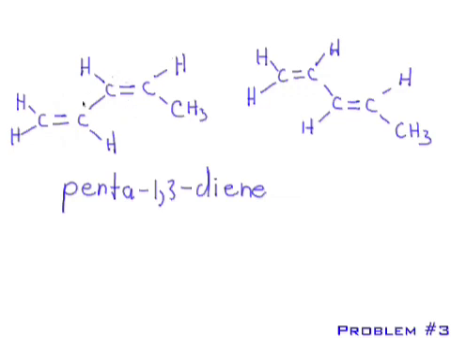Now we can quickly see that the H is cis. I can prioritize. Carbon is higher atomic number than H, so it's high priority on this side. Carbon's higher atomic number than H, it's high priority on this side. So this one is Z. If I check the other molecule, I'll see I have a C double bond C, where off one end of the double bond there's two identical groups, two H's, so there's no EZ isomerism there.